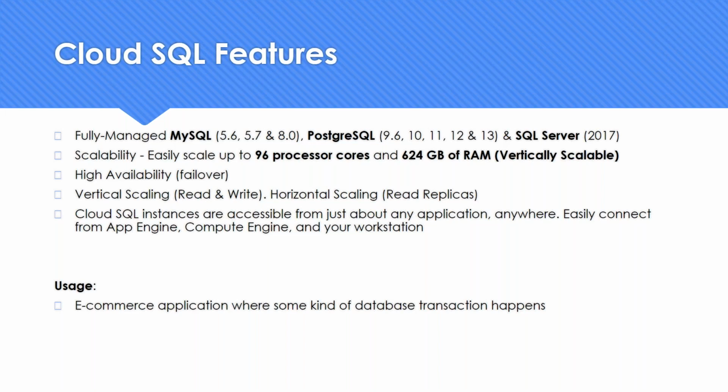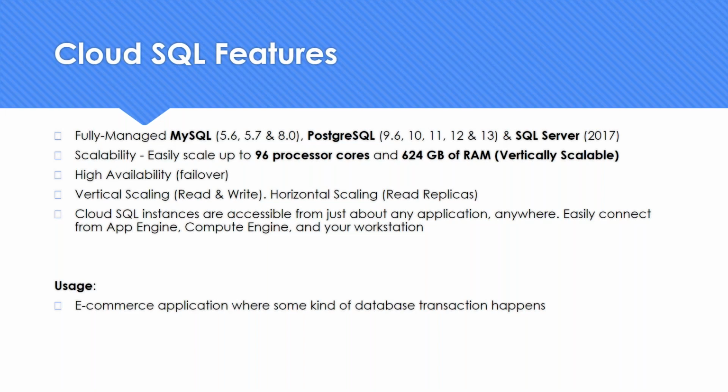Not much to talk about it. It's a standard database offering. So where can you use a Cloud SQL instance? Wherever you have used a database in your day-to-day work, you can use a Cloud SQL instance. But basically only three options are there: MySQL, Postgres, and Microsoft SQL Server, and the versions are going to be important. Why? If there is a higher version, maybe the backward compatibility may not be there. Sometimes it's going to work, sometimes it's not. So that's the feature of your Cloud SQL instance.